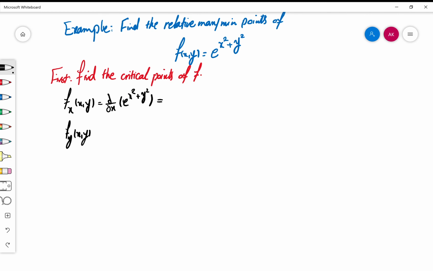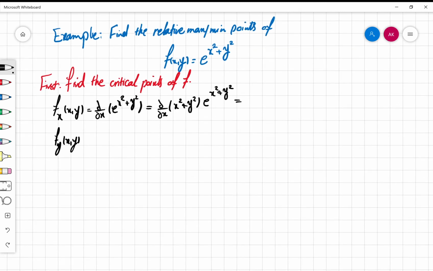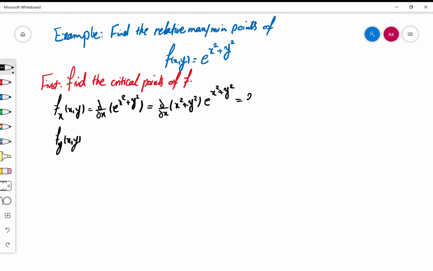And we know that when you have e to the power of a function, the derivative is the derivative of that function, here with respect to x, times e to the power of that function. And here, in x squared plus y squared, the derivative of y squared with respect to x is 0, and the derivative of x squared with respect to x is 2x, and then we have e to the power x squared plus y squared.